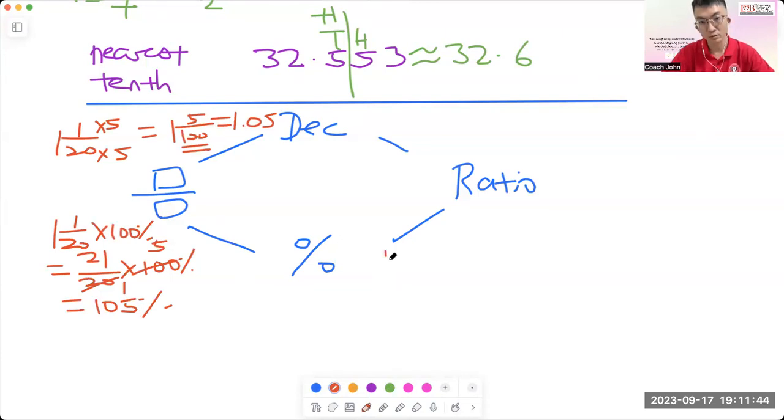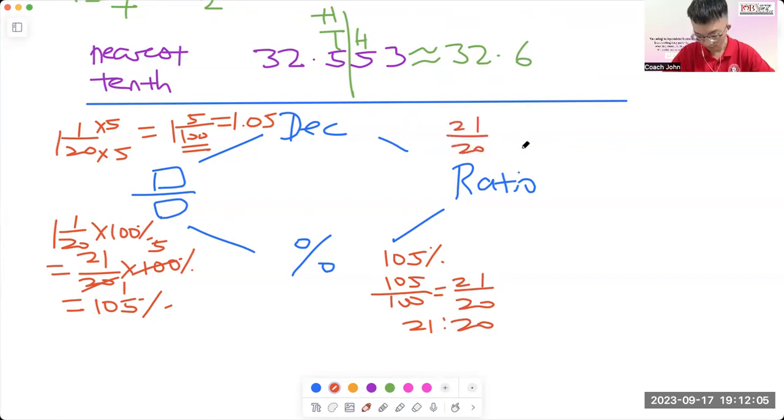And for percentage to ratio, you can do it as 105 over 100, and then simplest form. And your ratio will be 21:20. Okay. And then let's say if it's a ratio, you can change to fraction.